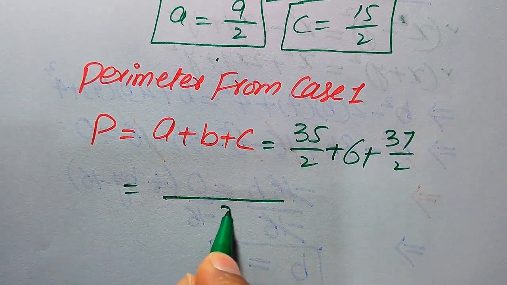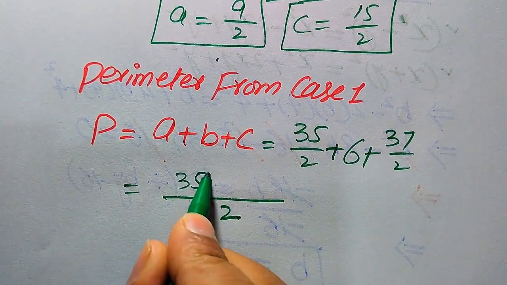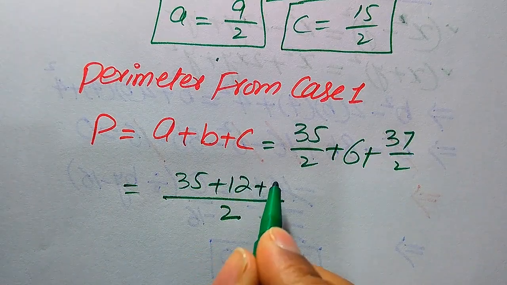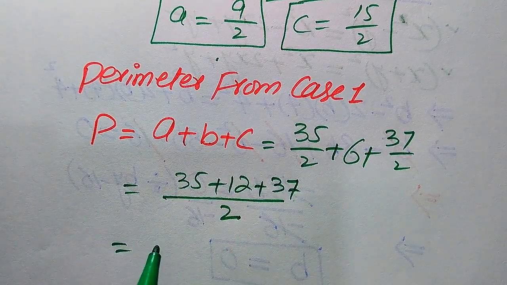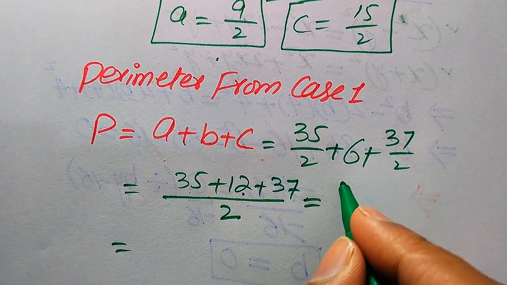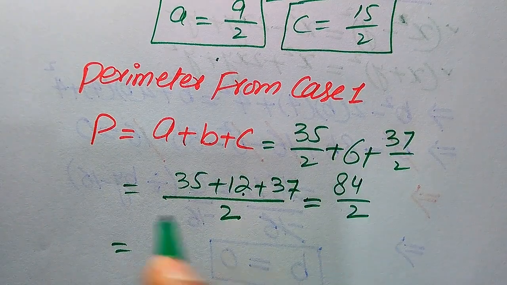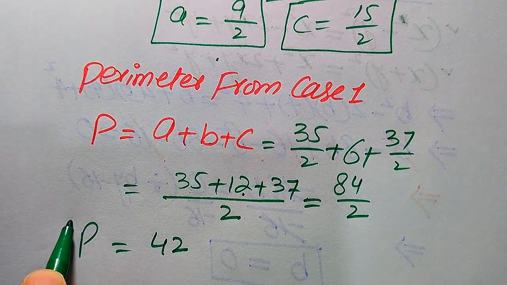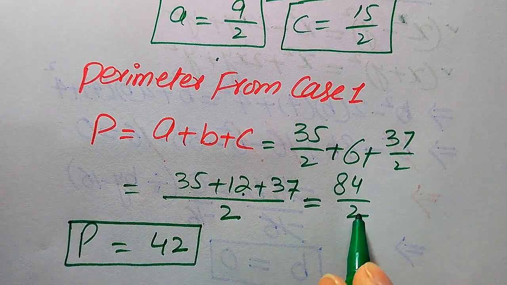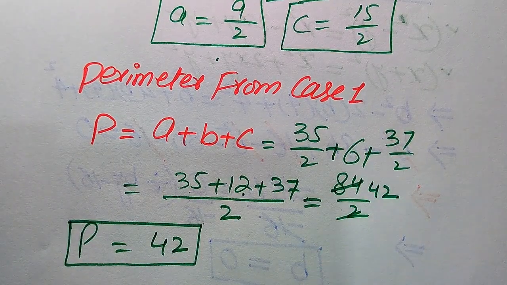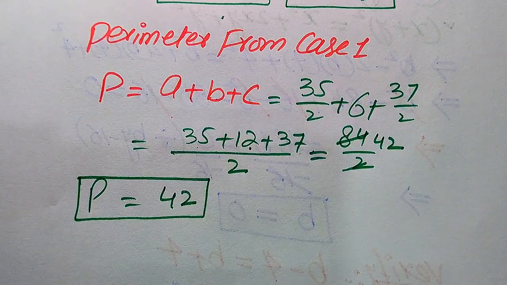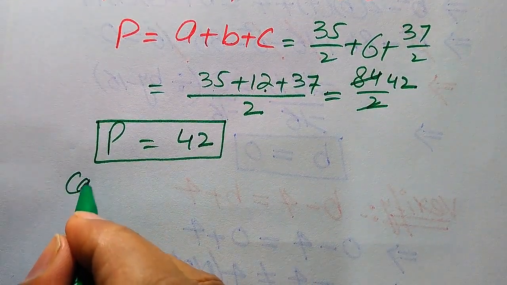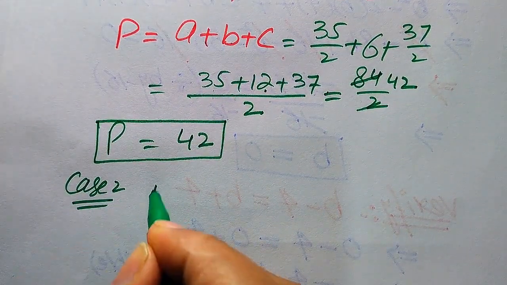So we use these values and it will be written as 35 over 2 plus 6 plus 37 over 2. We need to take the LCM, and the LCM becomes 2, and we get 35 plus 12 plus 37, and it becomes 84 divided by 2. So when you cancel these terms, 2 fours are 8 and 2 twos are 4, we get 42. So this is the parameter 42 which we get from the first case.